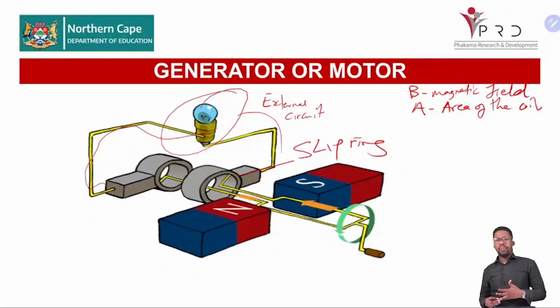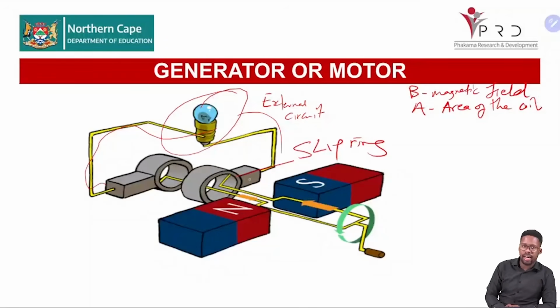And the word slip means it is a complete ring. So if we are having a complete ring, then you will have what you call an AC generator. And this ring will be attached to a stationary carbon brush and connects to the external circuit.